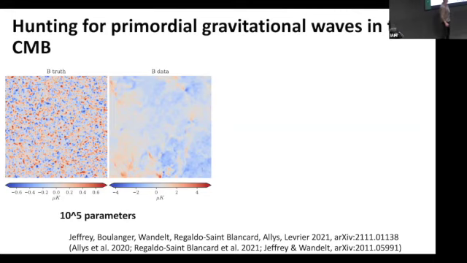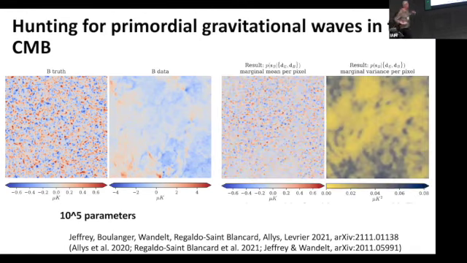The problem is that unfortunately from inside the galaxy, what we actually see looks more like that, because it turns out the dust in the galaxy is also polarized and has this filamentary structure and is complicated. But if you consider every single pixel here as a parameter and you apply these Bowman networks to it, you just compute posterior means and variances for each one of those parameters, you get what's on the right.